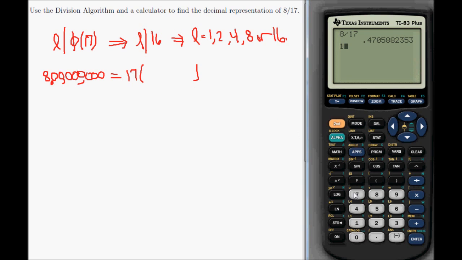So the quotient is 800 million divided by 17. And I get a quotient of 47,058,823. Not surprisingly, these are basically the same digits that you see in the representation of 8/17.